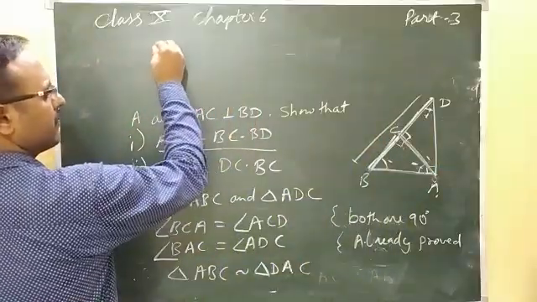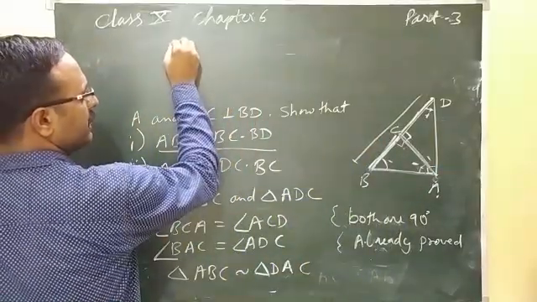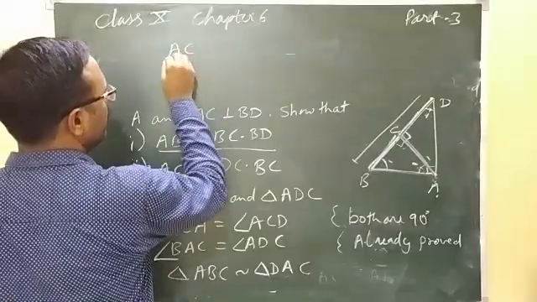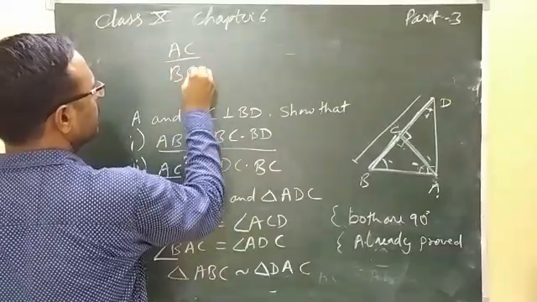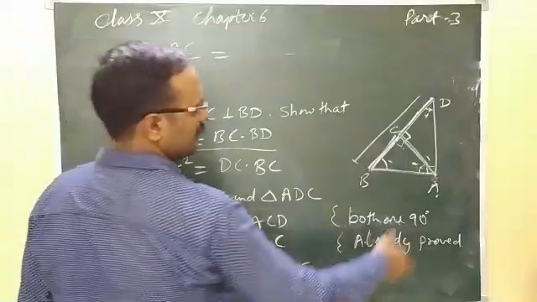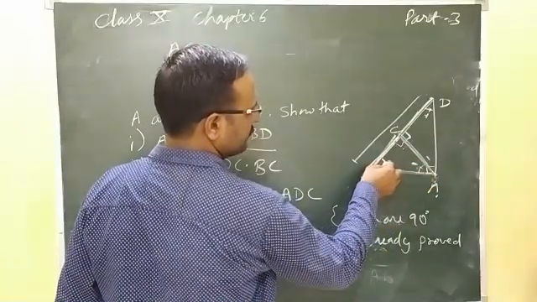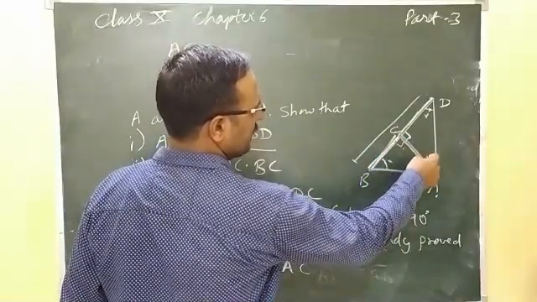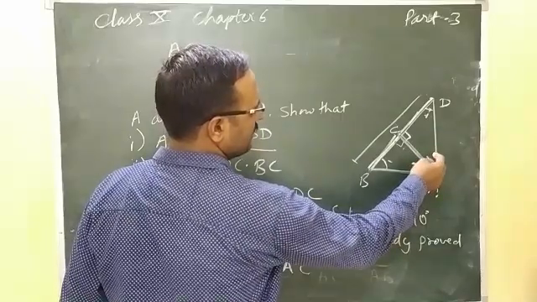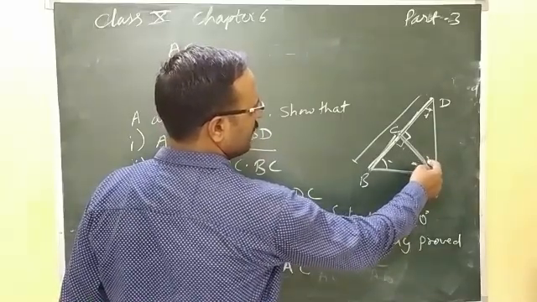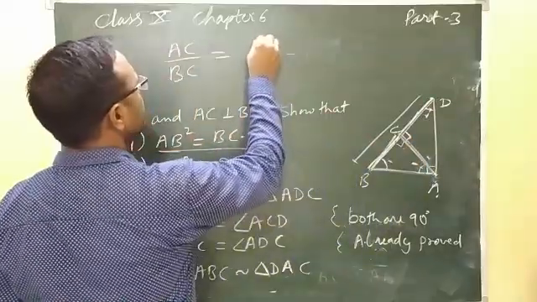So from ABC, we can write AC upon BC equal to, see, AC was opposite to angle B. The angle B was equal to this angle in the second triangle, and the side opposite to this angle is DC. So DC will be coming here.